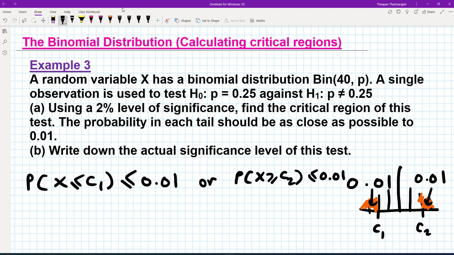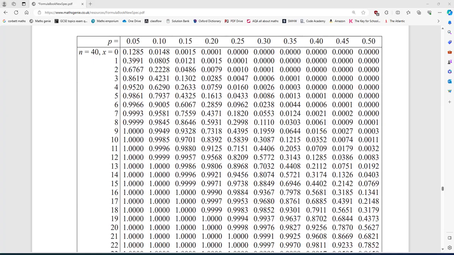So if we were to work out the first one, the probability that X is less than or equal to C1 is as close as possible to 0.01. Notice that in our case X follows the binomial where n is 40 and the probability is 0.25 if the null hypothesis is true.